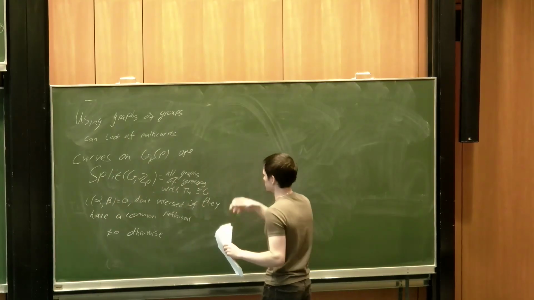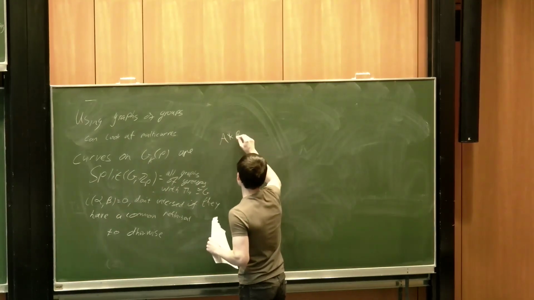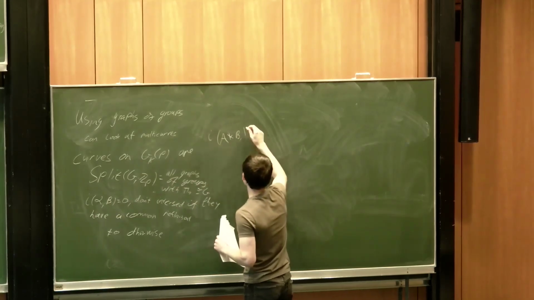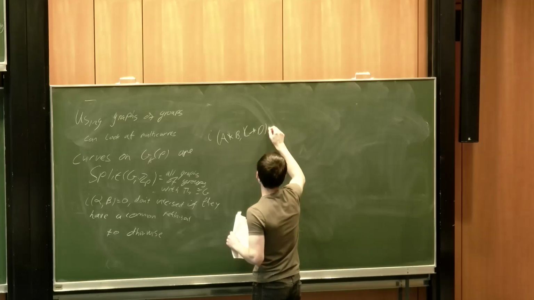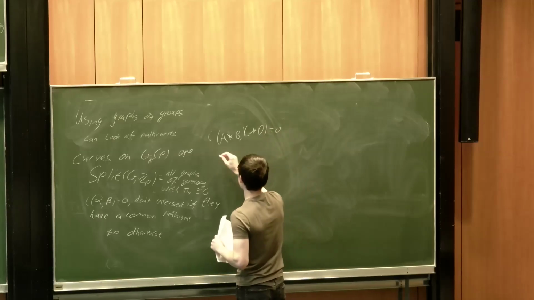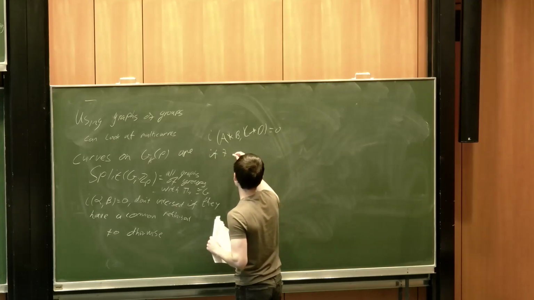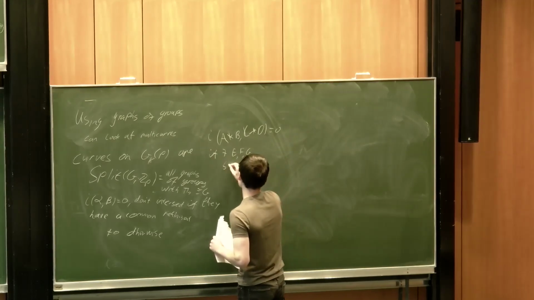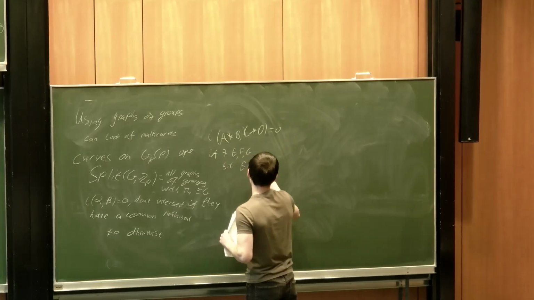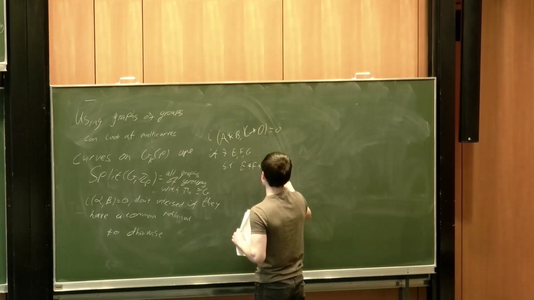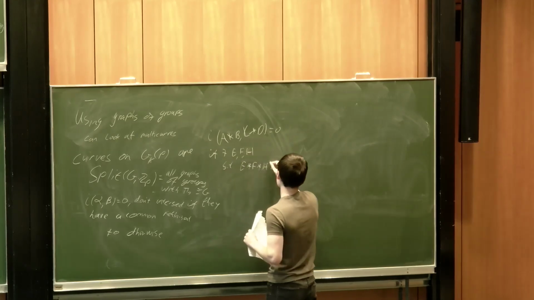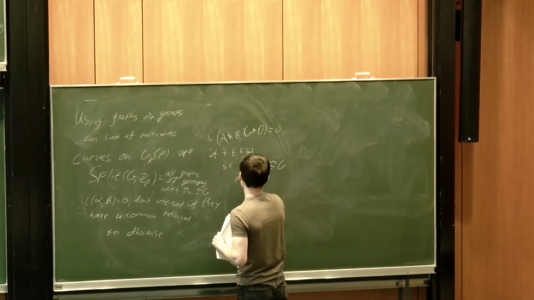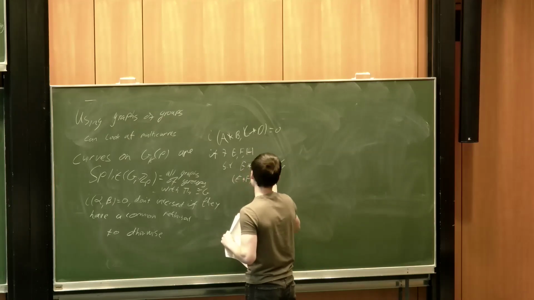For example, by this I mean that this and this will have intersection number 0 if there exist some E, F, and G, and H, such that this is also isomorphic to G, and then A with B, and similarly.